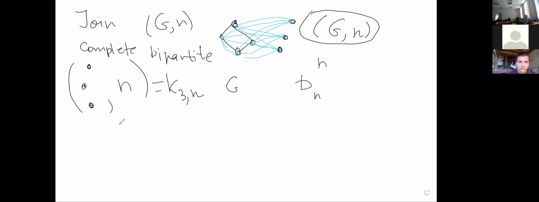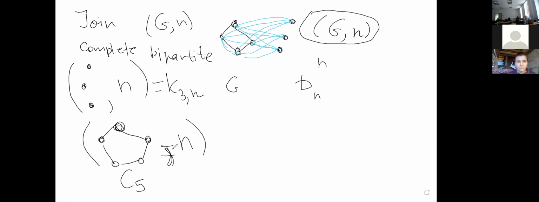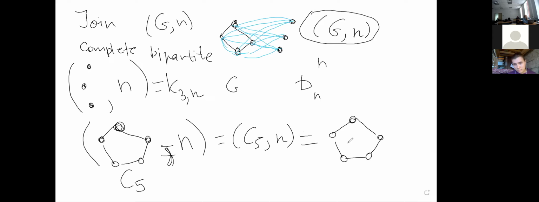And note that if we take a cycle on 5 vertices, I will denote it by C5, then a graph of such a form is our graph considered with graphs that are not intersection graphs.